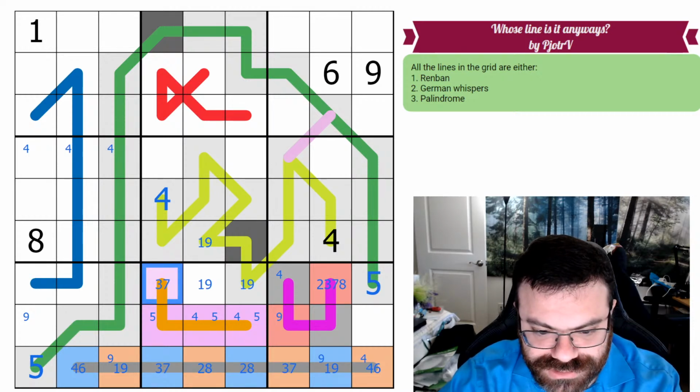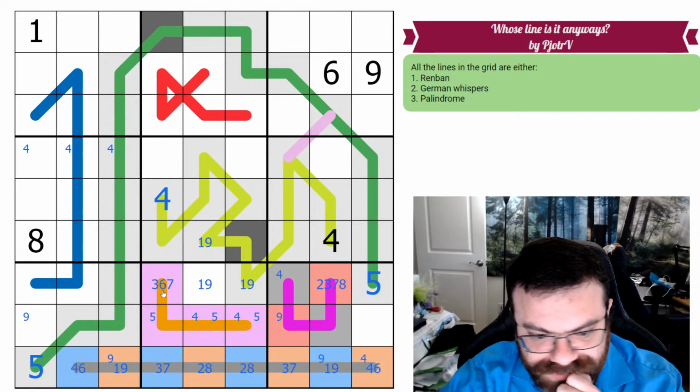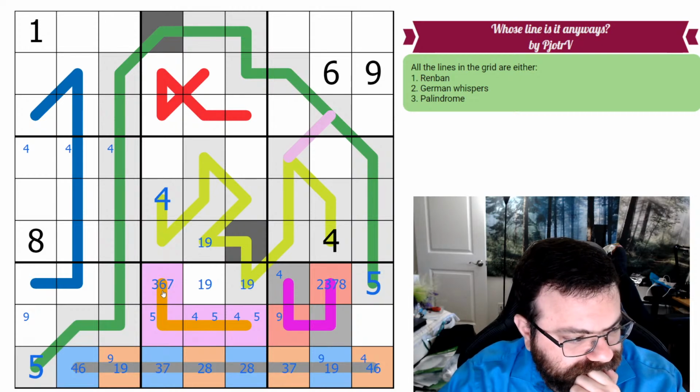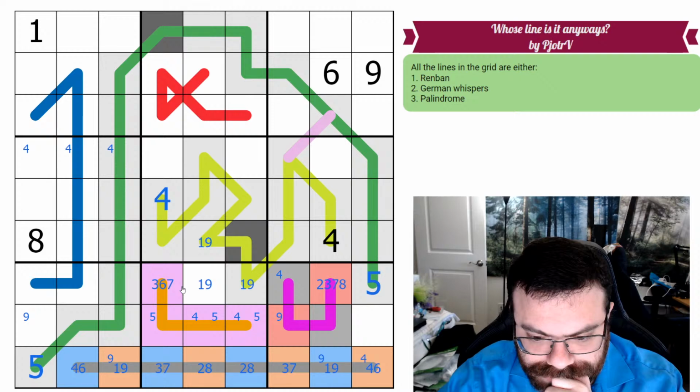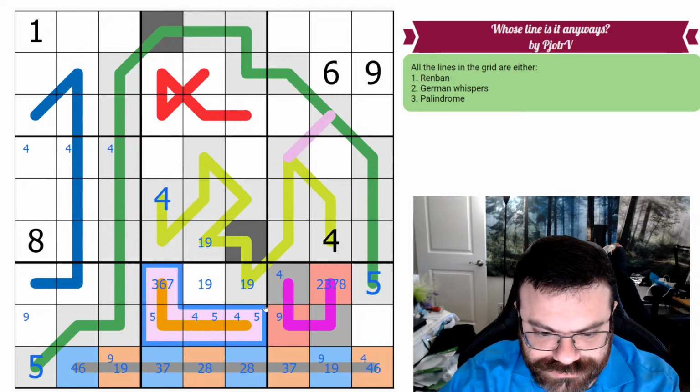This can also be 6. We have to have a 6 on here somewhere.